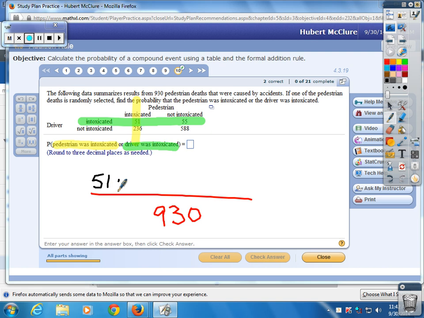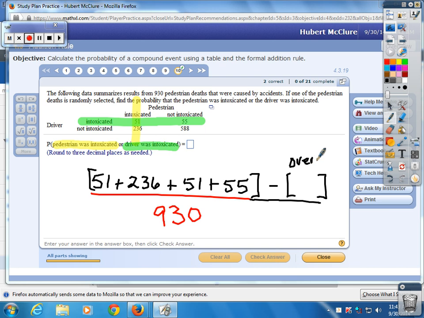51 plus 236 plus 51 plus 55. And you always subtract the overlap. Now, y'all are smart people. What do y'all think the overlap is? Where the two colors overlap.